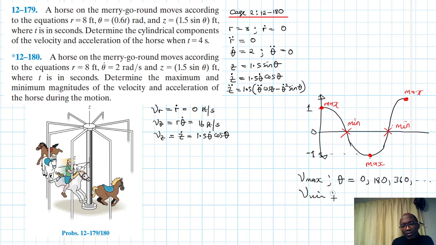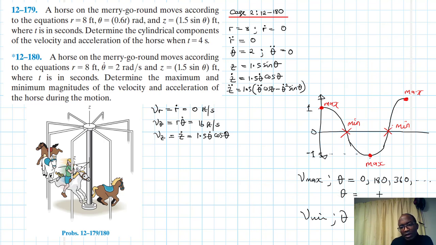And v minimum will take place when theta is equal to 90, is equal to 270, plus 180, 450, and so on. We can see a trend here. So let's write down a representative of all these angles.